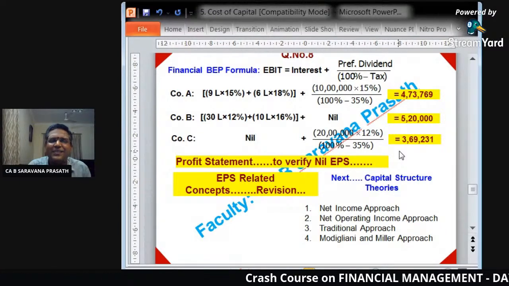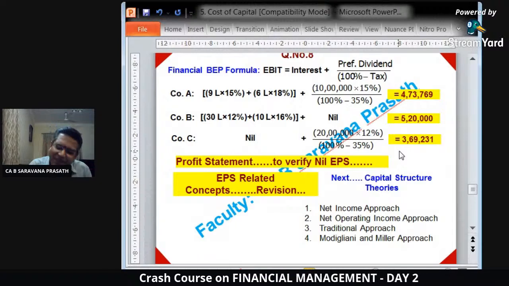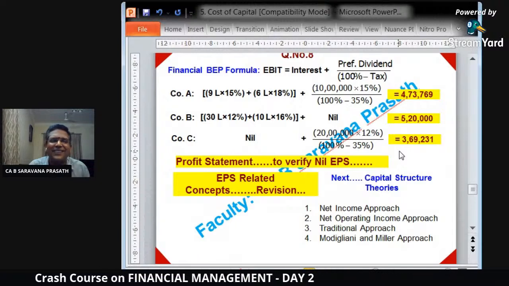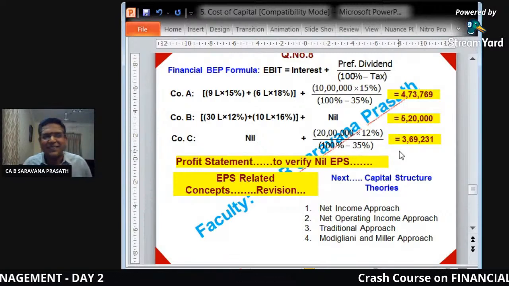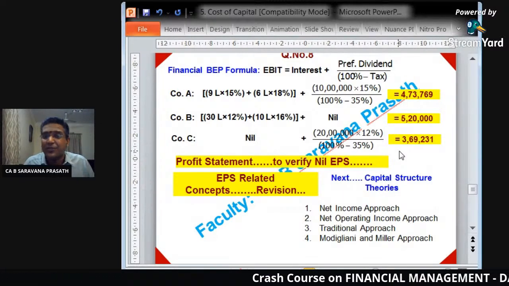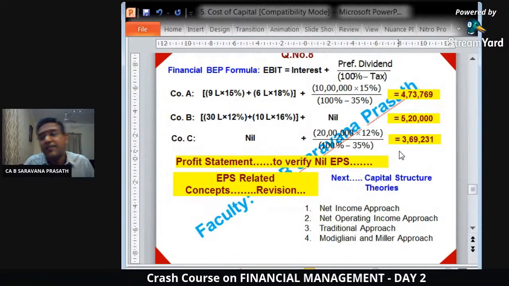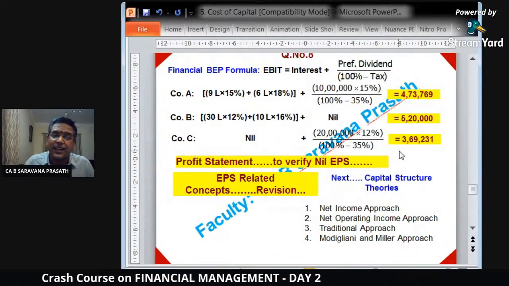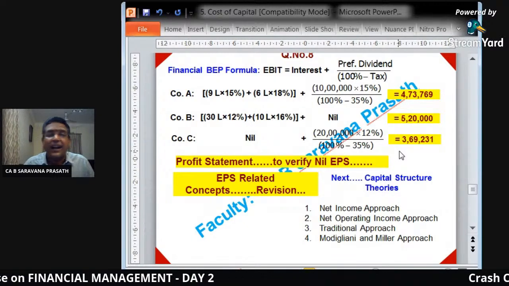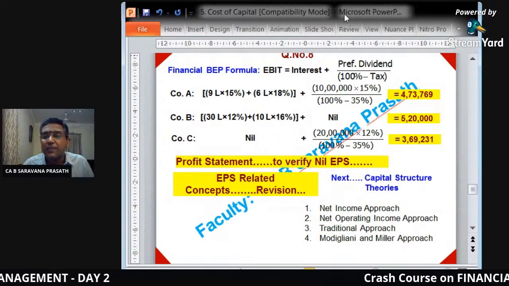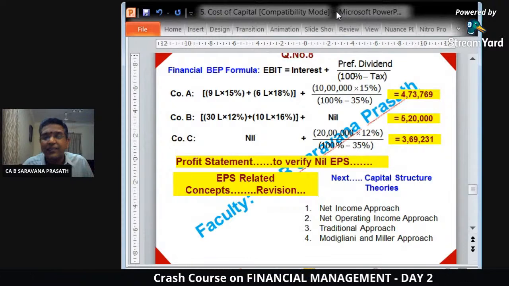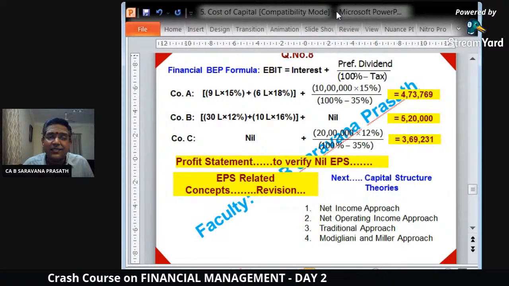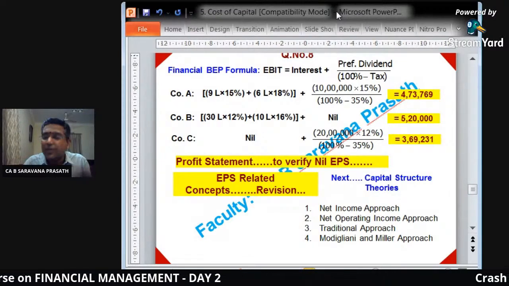So if the last person is satisfied, it means every person before him has been satisfied. So we look at the satisfaction level of the last person, namely the equity shareholder. So these 473, 5,20 and 3,69 are the levels at which equity shareholder will get any profit, any EPS, any residual earning. Well, the answer is no, he won't get anything.